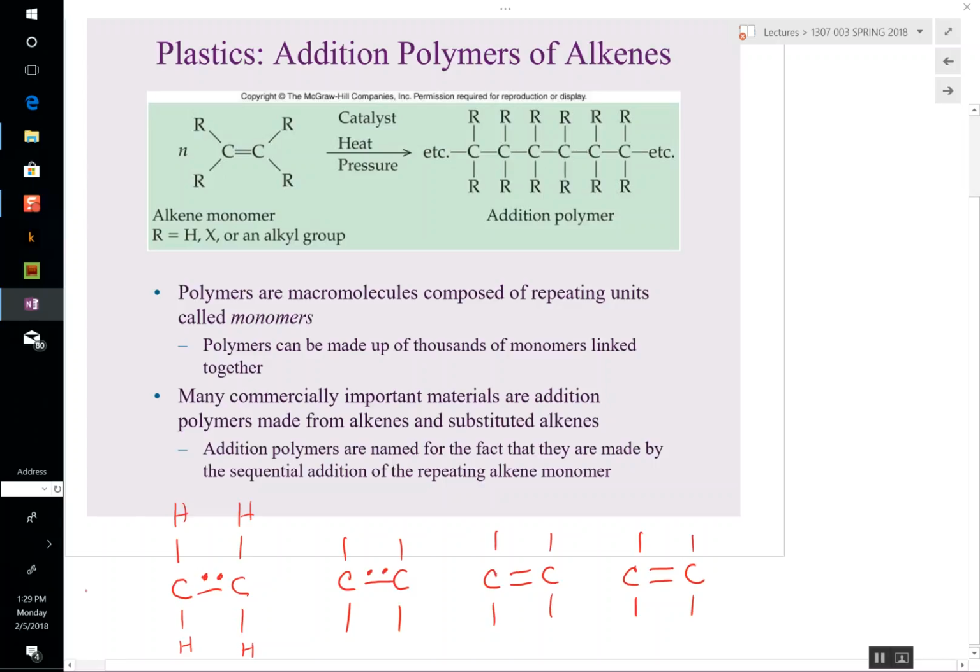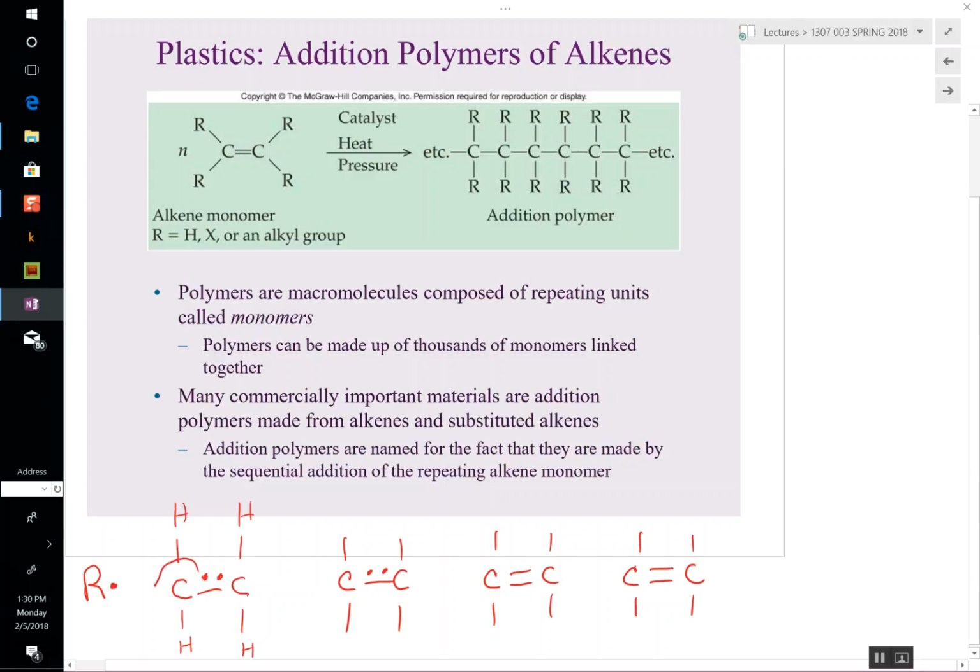What they do is they start out with an initiator or some sort of a catalyst. It'll generate a free radical. What's a free radical? Any atom or compound that has an unpaired electron, which are very, very reactive. They slam into something, they want to pair up with another electron.